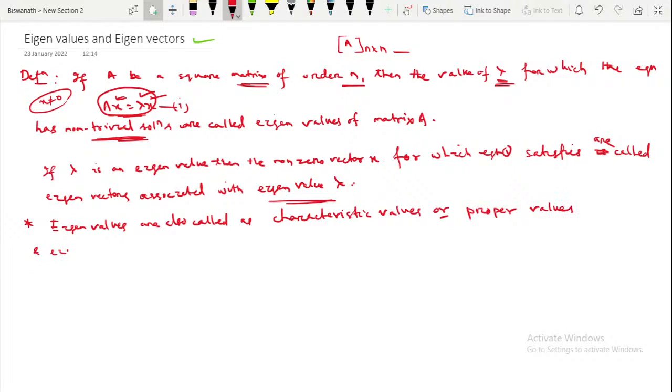And eigenvectors are also called characteristic vectors, or proper vectors.